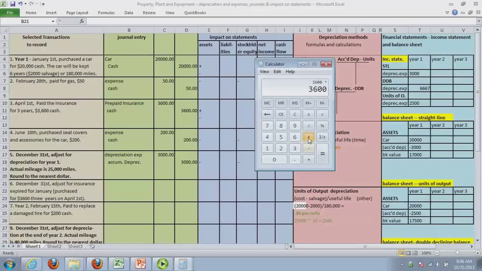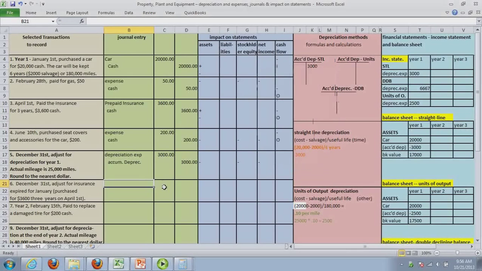It's times 9 months divided by 36 months. So it's 9 divided by 36 because it's a 3-year prepay. So it looks like it's $900 for this period of time. So we'll have insurance expense, again it's an asset used up, 900, and then prepaid insurance goes down.